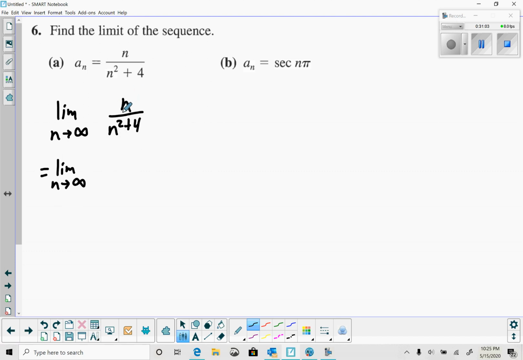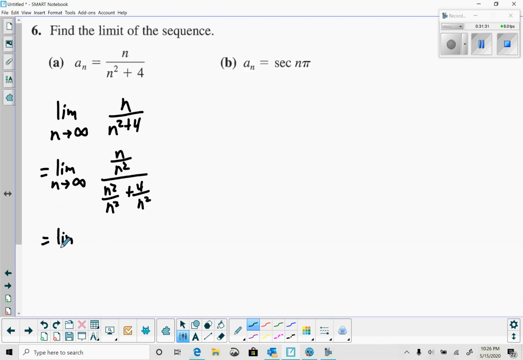In our numerator, that's n, so we can divide n by n squared, and our denominator, n squared divided by n squared, and 4 divided by n squared. So again, I'm looking for the highest degree term there, and I'm going to take all of the other terms and divide it by that same exponent.